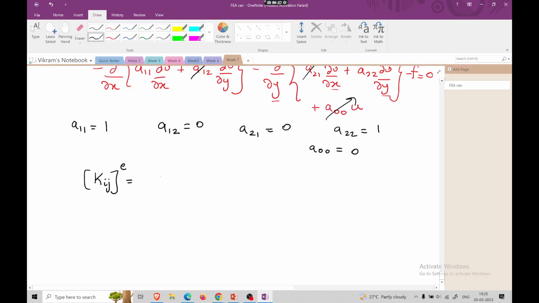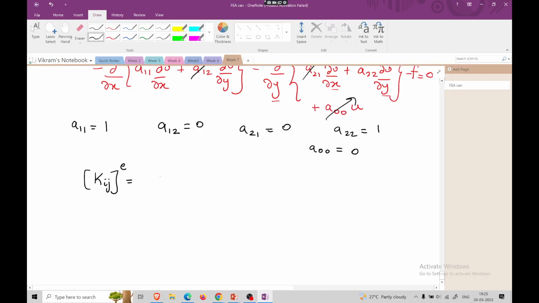And dou psi j by dou y is gamma j by 2a. So this term you understand, right? Alphas are constant, so they vanish while differentiating. If you partially differentiate with respect to x, only beta I will be there, and of course the 2a will be common. Similarly, if you partially differentiate with respect to y, gamma I by 2a will be there, and the rest all vanish. So like that I have derived this term.